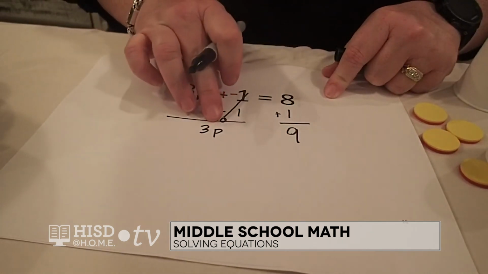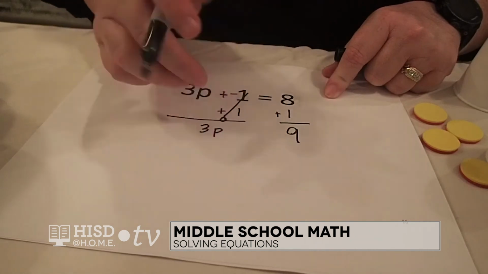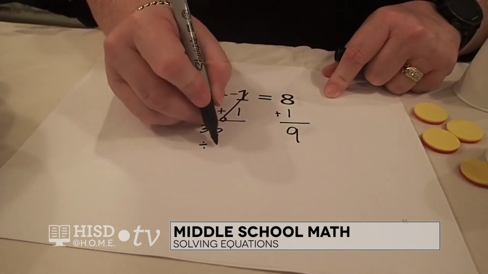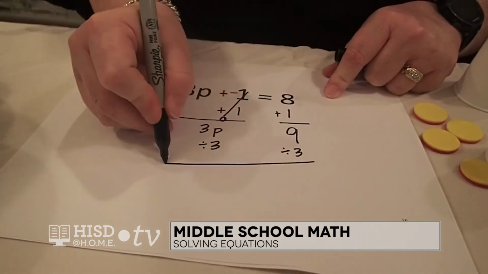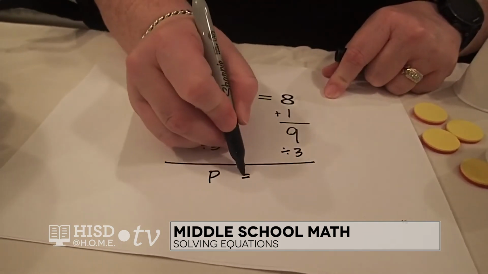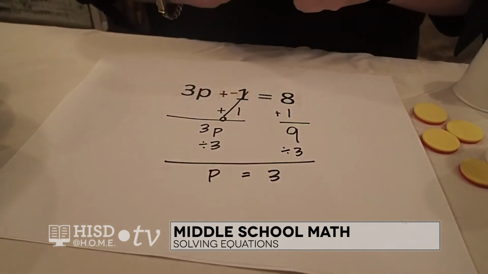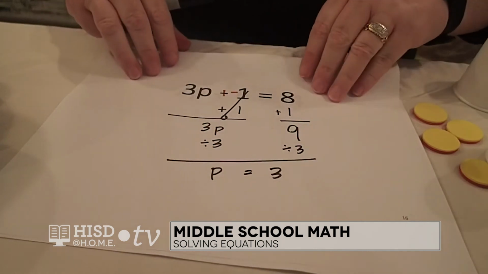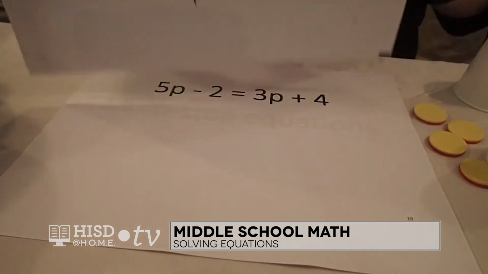And then I divided my 9 so that it could go into the 3 cups. So I divided by 3. And I ended up with p is equal to 3. That's already 7th grade. Let's try one more, and I'll show you what it is for the 8th grade.